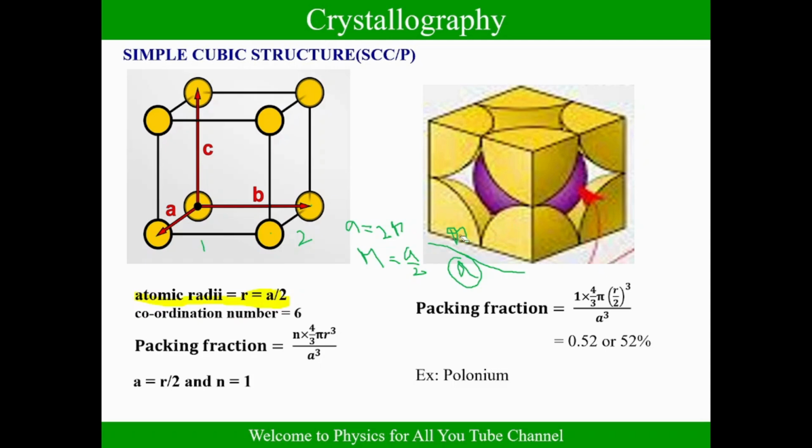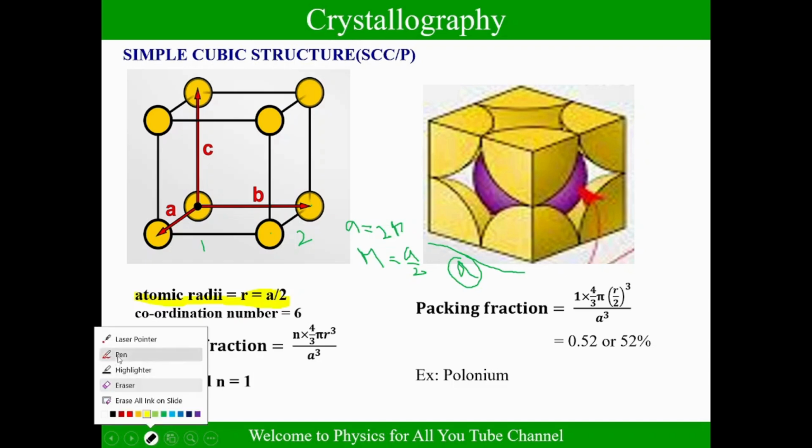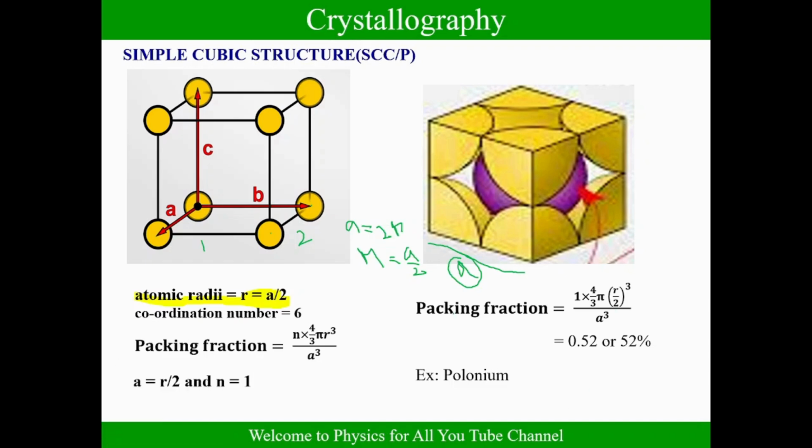Okay. Now, I am going to explain the coordination number. In order to calculate the coordination number, according to the definition, you can take any one reference atom. For example, in this slide, I am taking this corner atom as a reference point. Now, with respect to this atom, we have to calculate the coordination number.